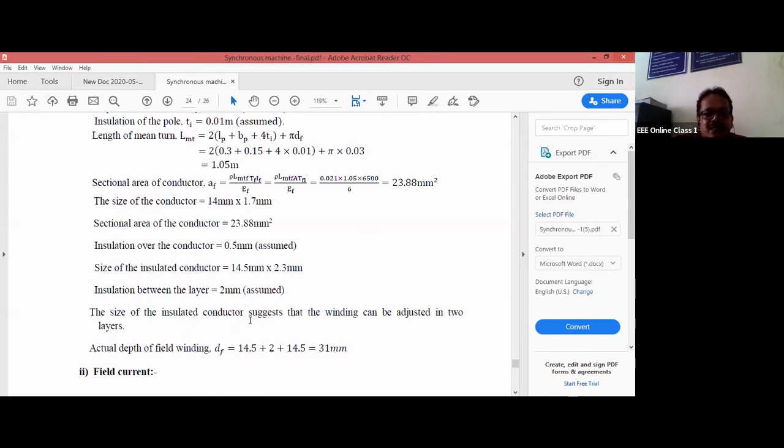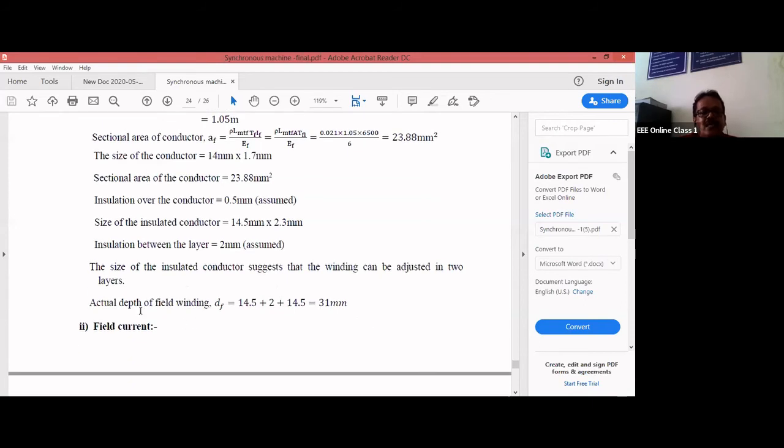Next, the size of the insulated conductor suggests that the winding can be accommodated in 2 layers. Based on this size of the conductor, whatever the length of the winding you get, it can be accommodated in 2 layers. If you go for 2 layers winding, then what is the actual depth?